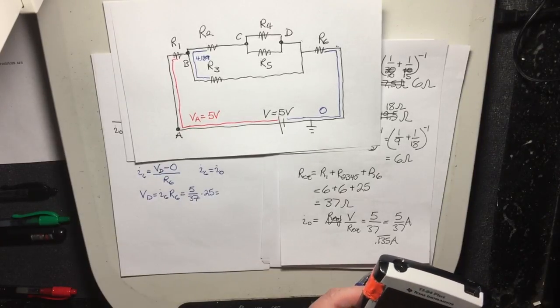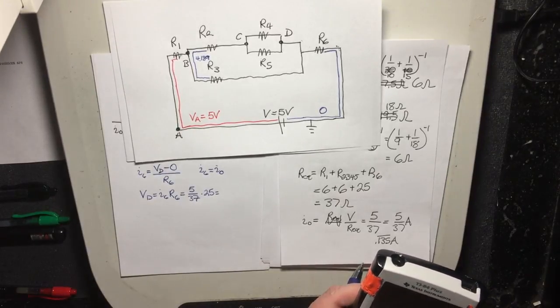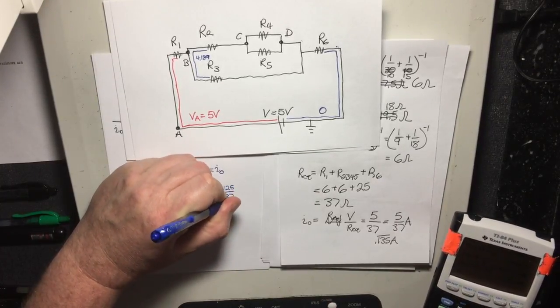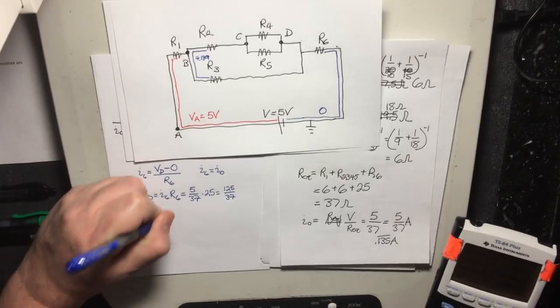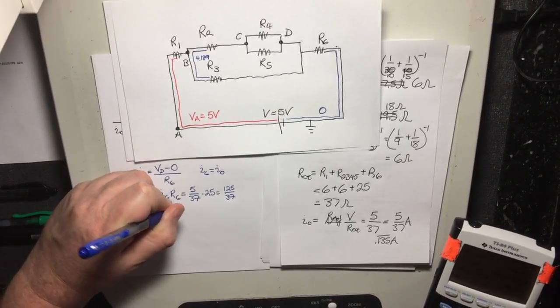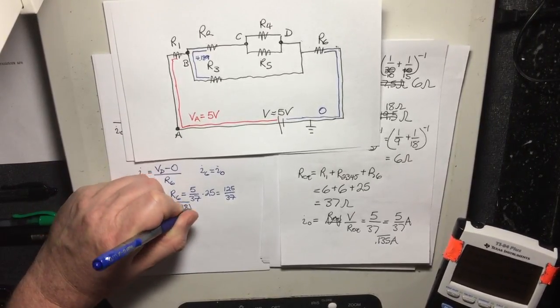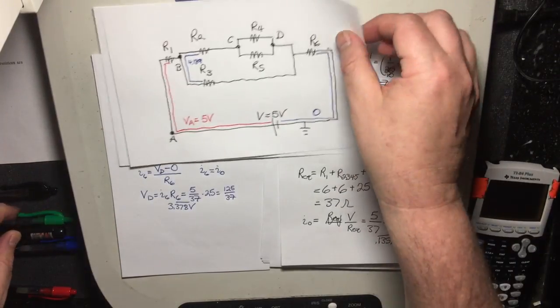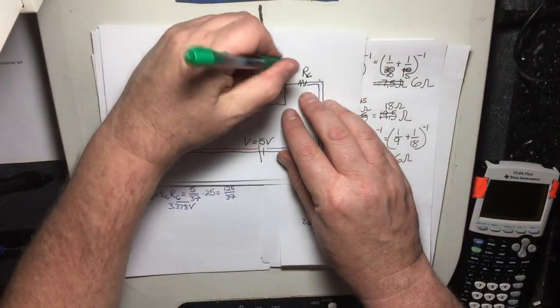Leave it to me to pick just a freakish fraction. But numerically, V sub D is 3.378 repeat volt. And I now know V sub D.